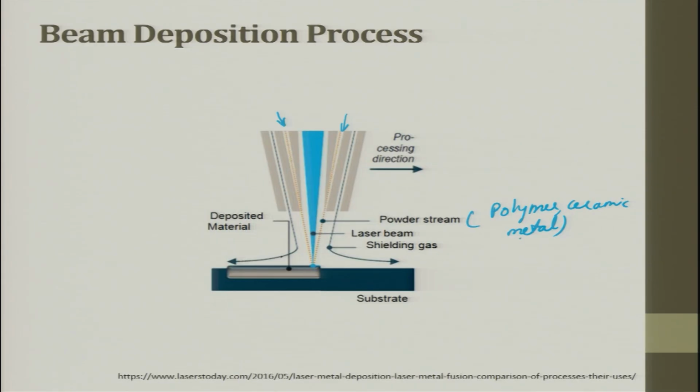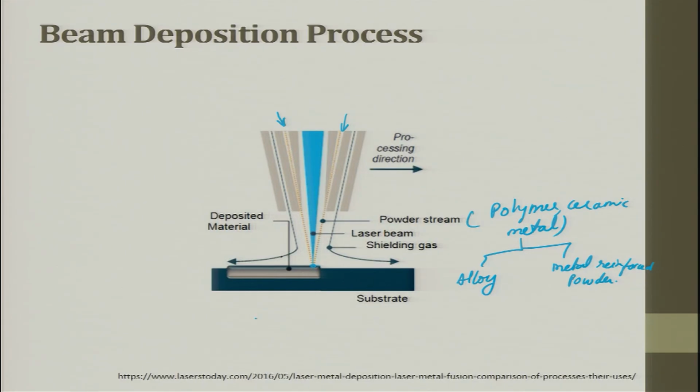And when we talk about metal, it can be alloyed metal or it can be also a metal reinforced powder. So, this can come through and it can hit at the laser tip and it can start melting. When this powder melts, it will definitely react with the atmosphere and form compounds.